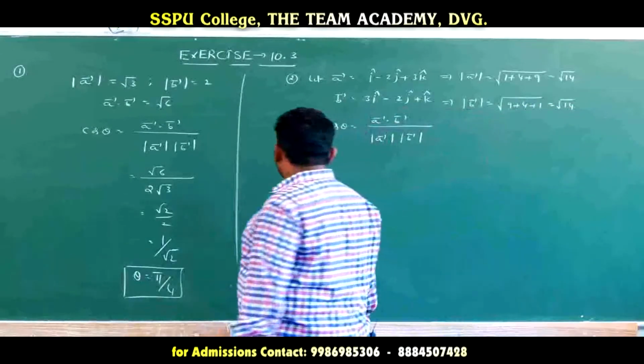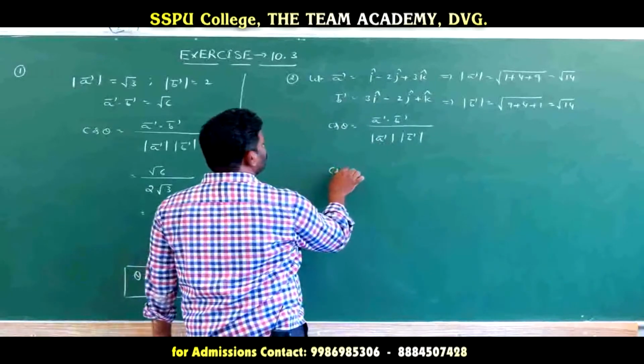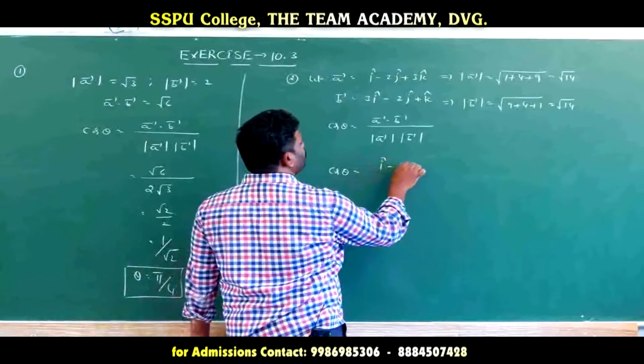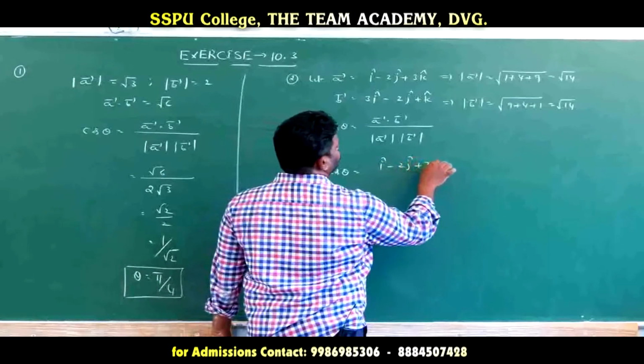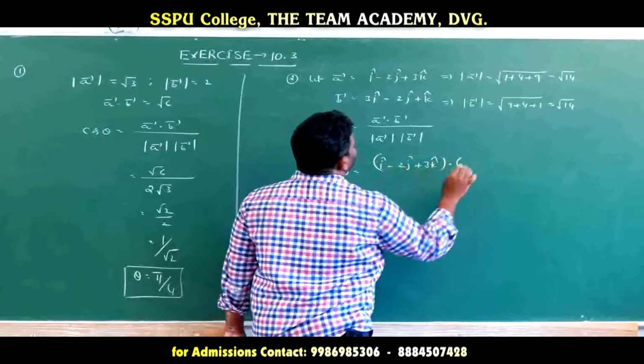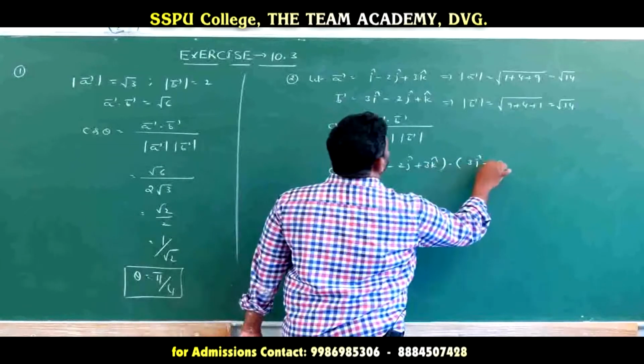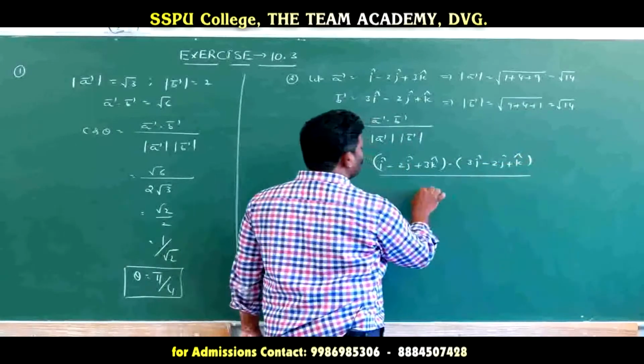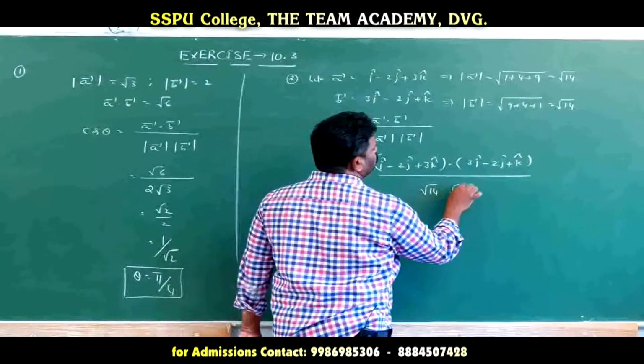Now we substitute the dot product: cos theta is equal to a dot b, meaning (i cap minus 2j cap plus 3k cap) dot (3i cap minus 2j cap plus k cap), divided by root 14 into root 14.